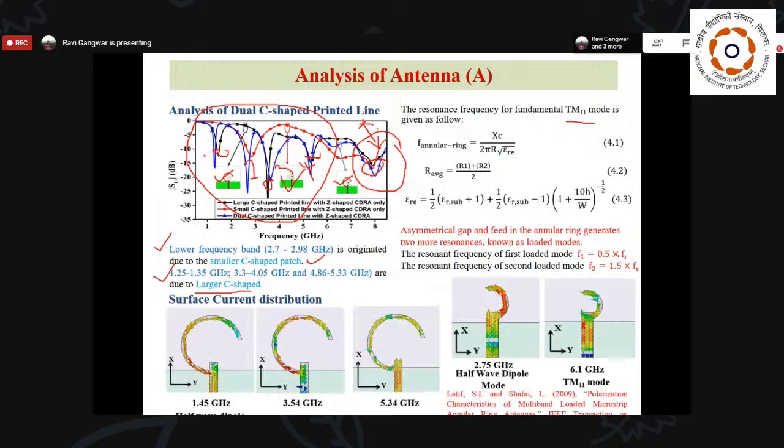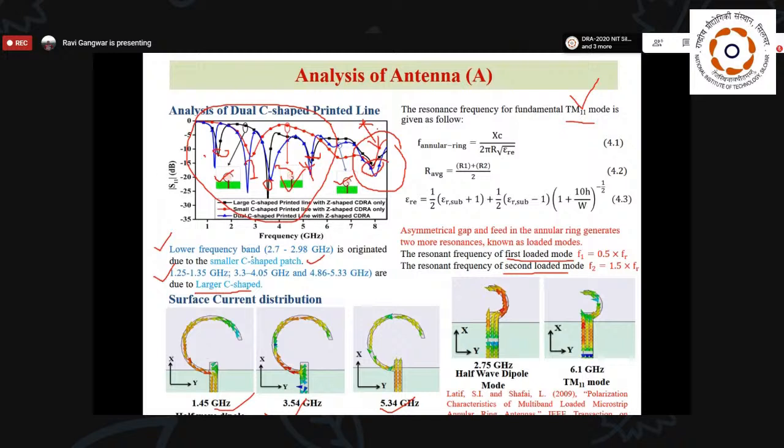I have drawn the surface current distribution at 3 different frequencies, 1.45, 3.54, and 5.34. When I analyze these, I find that all 3 modes in the larger C shape give the information about the TM11 modes, and these 2 are the first loaded mode and second loaded mode in the larger C-shape device.